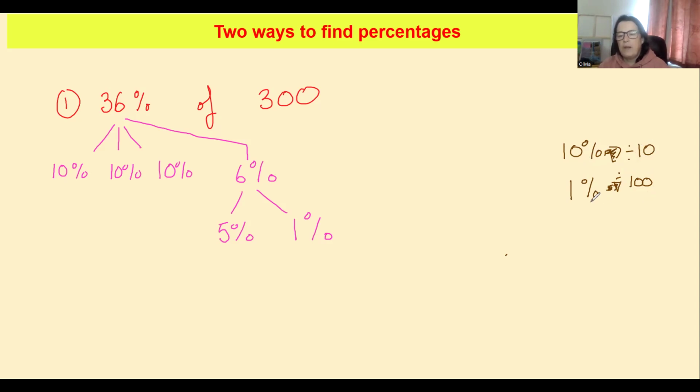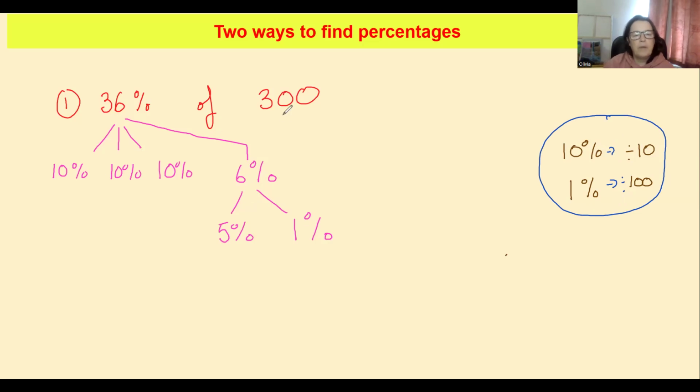To get 1% of any number, divide by 100. And if you know those two facts, you can solve any percentage problem. Okay, so I'm going to put a little circle around my division here, and let's go back.